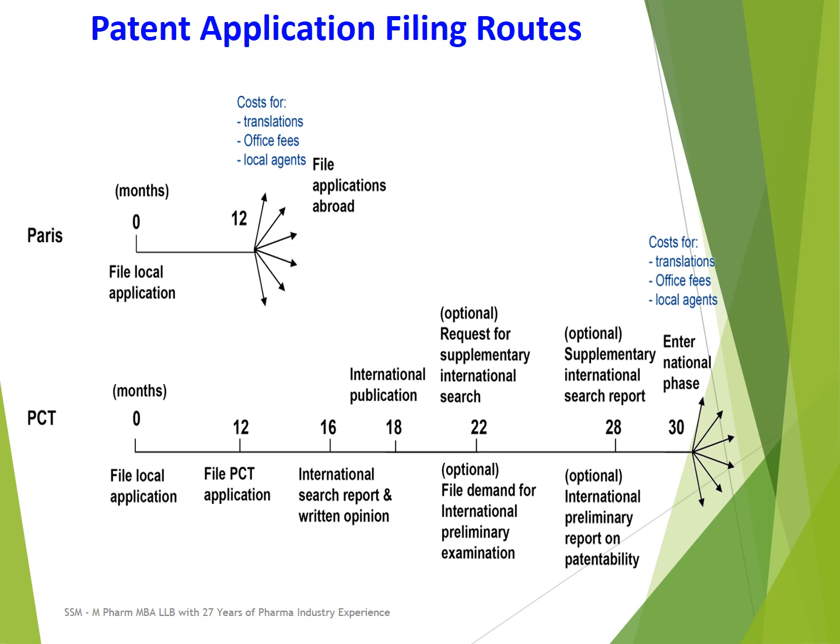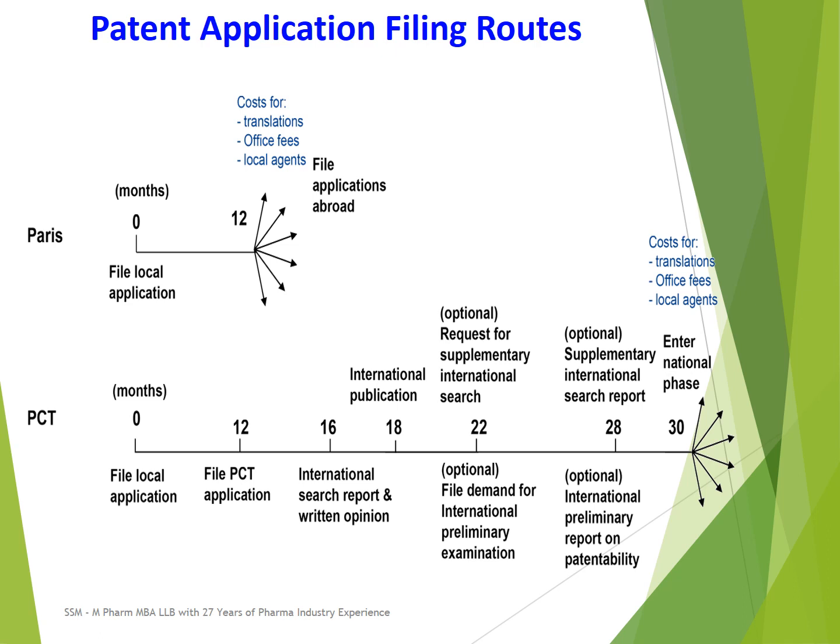There are additional benefits of PCT. If you see this slide, you can see at 16 months from priority date or local application filing date, the patentee will get an international search report and written opinion on patentability. The WIPO, World Intellectual Property Organization International Bureau, conducts the search related to your application and provides a written opinion on patentability.